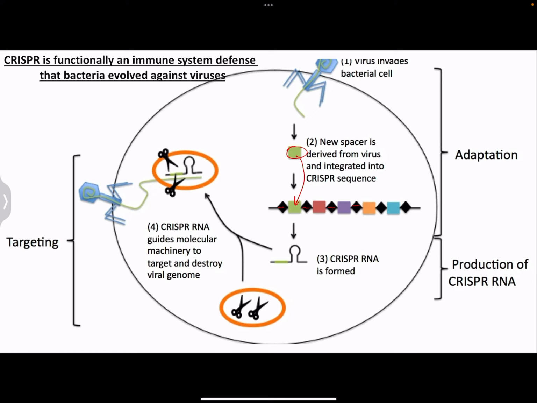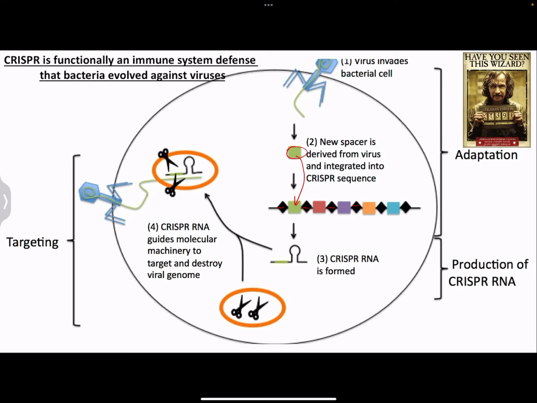And why store it? You got attacked by a virus, you lived, why store that genetic information in the genome? Because it's sort of like a mugshot. It's like an adaptive immune system that remembers previous encounters.